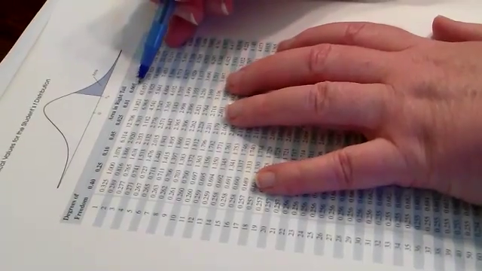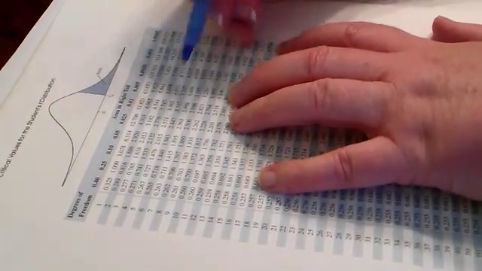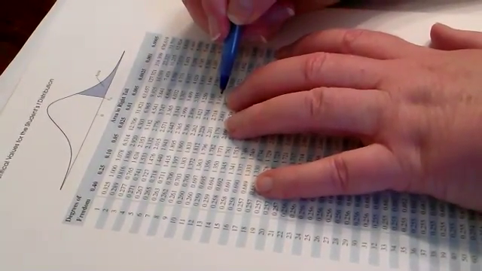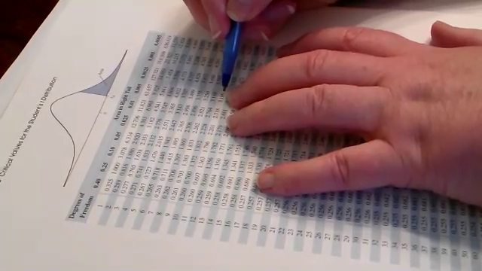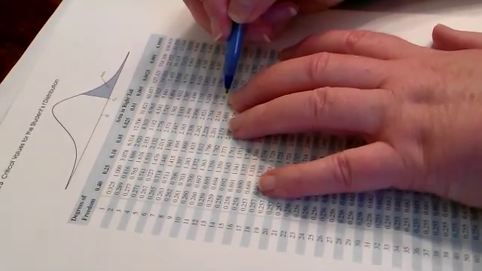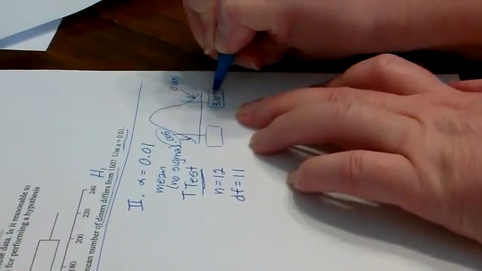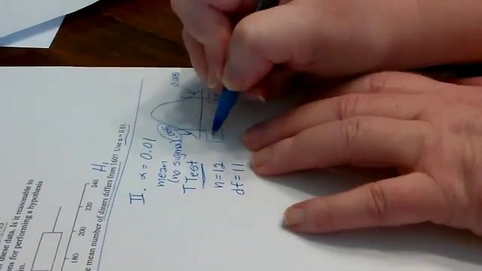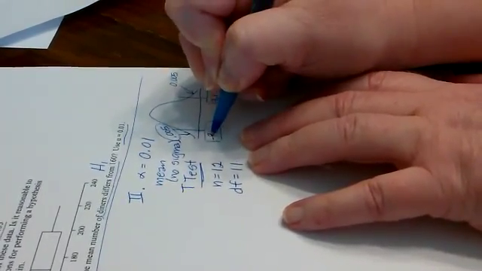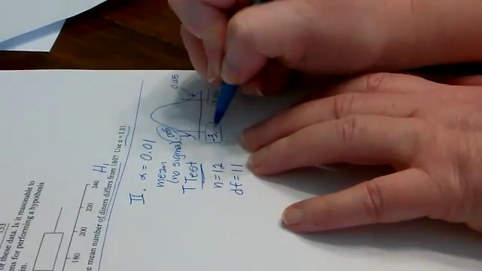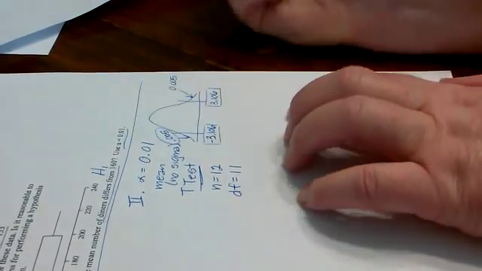And that should be on my chart. Oh, yay. So area in the right tail is 0.005 and 11 degrees of freedom. My critical value is 3.106, says the book. 3.106 on the right-hand side, and the left-hand side is negative 3.106.